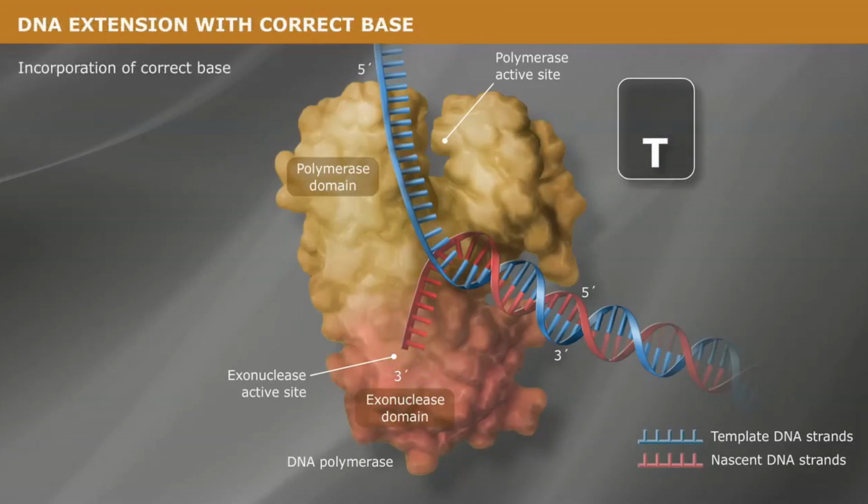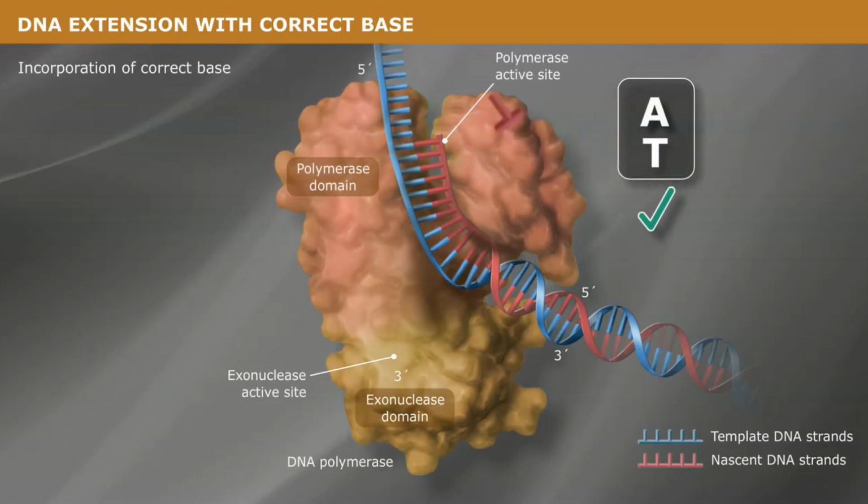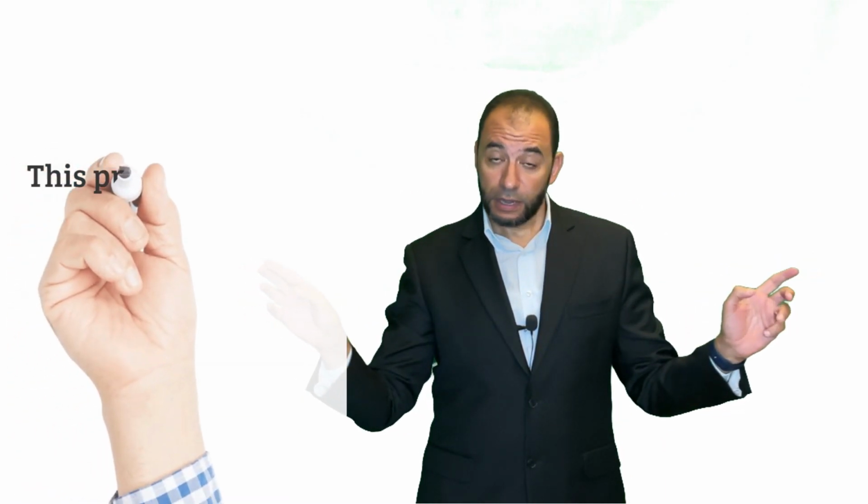Not only that, so now most of the errors that have slipped the direct replication process, the first one, have been corrected by the proofreading. But maybe some of the errors would also slip, or new errors would happen for other reasons. So there is another process that starts after the new strand has been created.